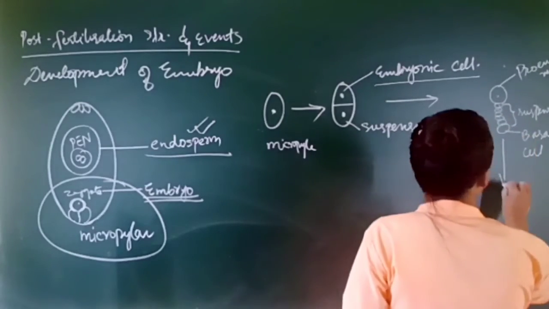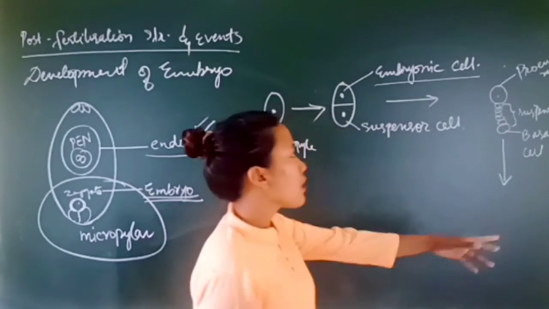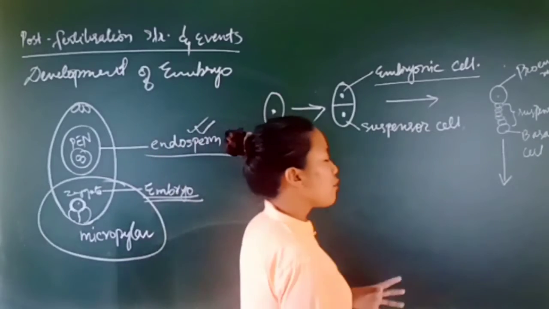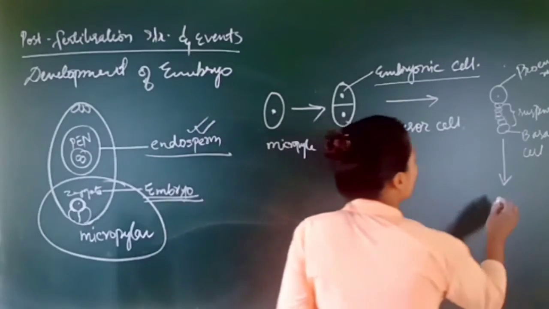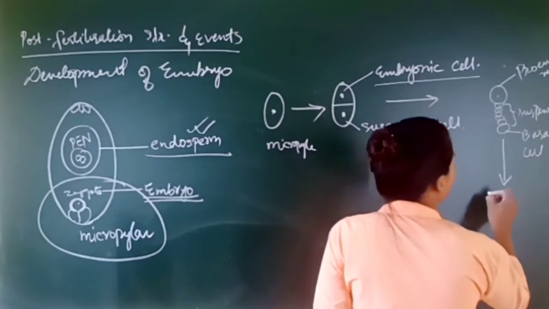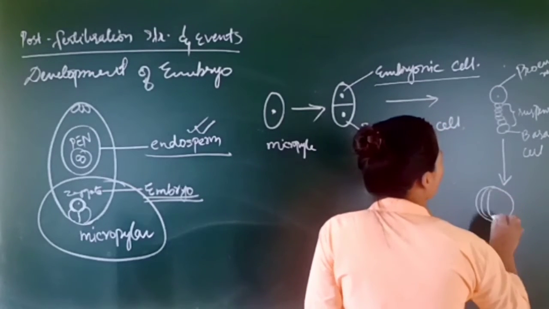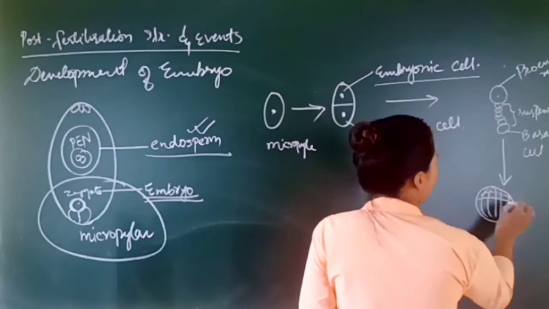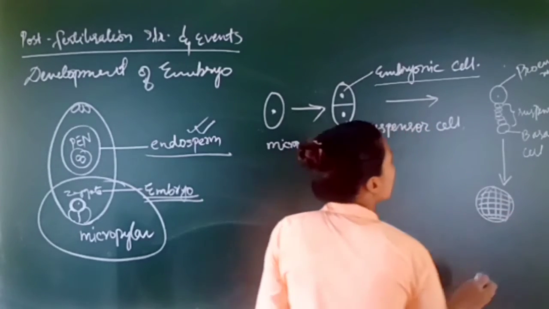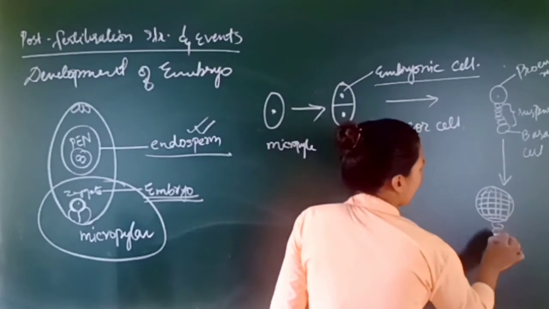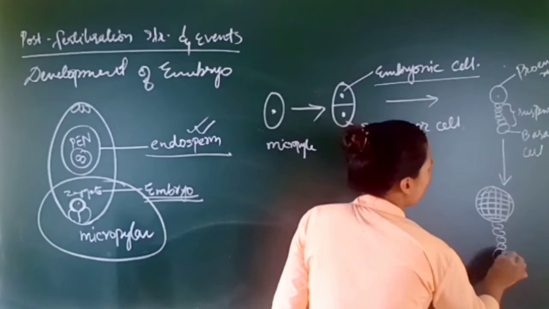Now after this stage, the proembryo will start dividing in various planes, and then they will form a globular embryo. So the proembryo divides in various planes and gives rise to many cells here, and then we have a suspensor cell and a basal cell.